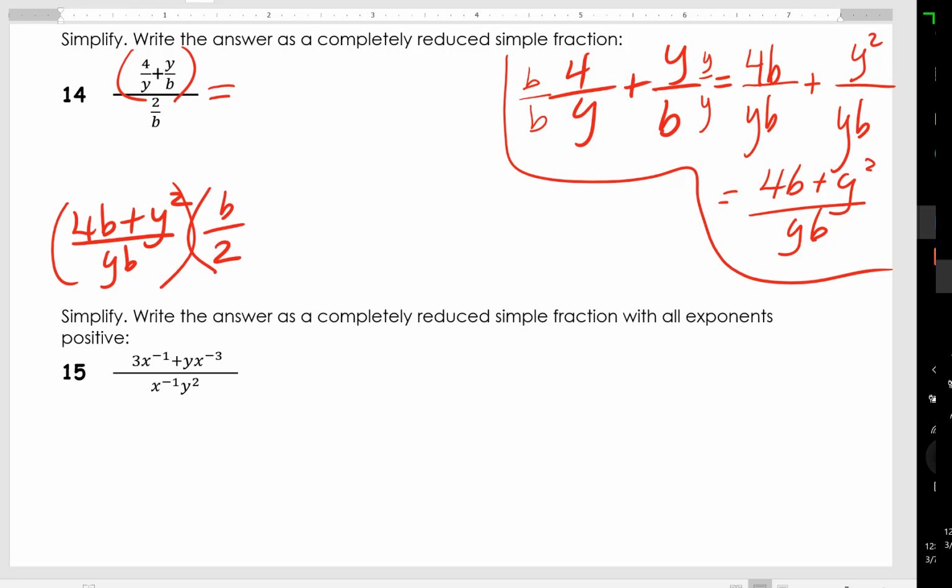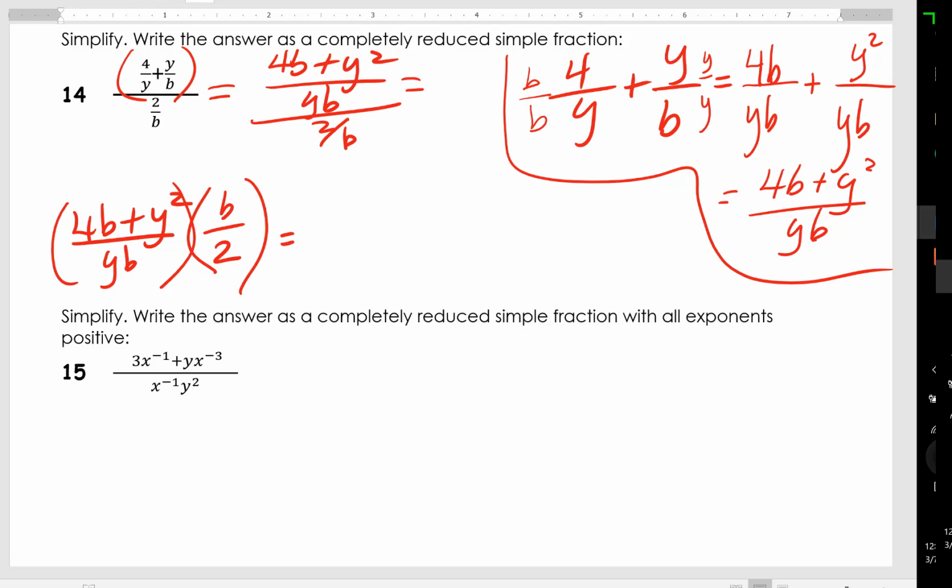Let me see if I can write that smaller. So it was 4b plus y squared over yb over 2 over b. All right, so I'm just rewriting that as 4b plus y squared over yb times the reciprocal of 2 over b, which is b over 2.